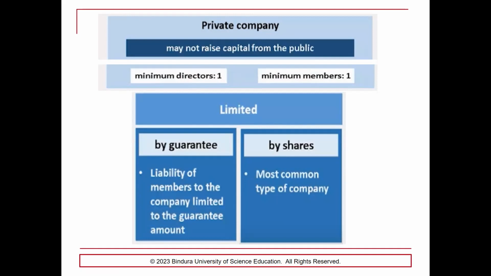So you will only be asked to pay in the event that something that was already agreed on has happened, for example, liquidation. So the most common companies that you see written private limited are actually limited based on shareholding. Okay, so that's basically a private limited company and a public limited company.